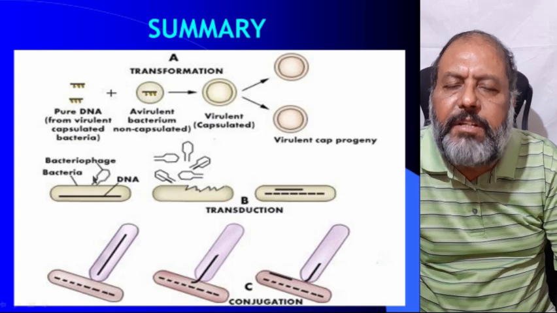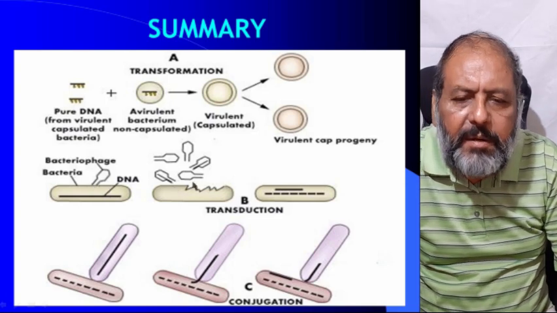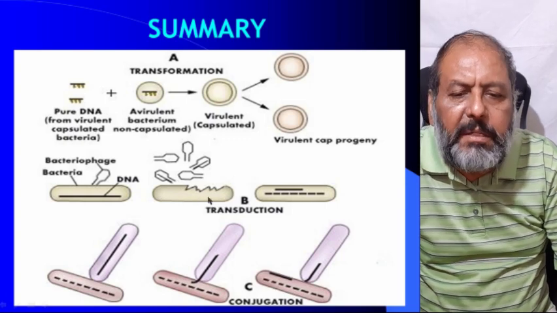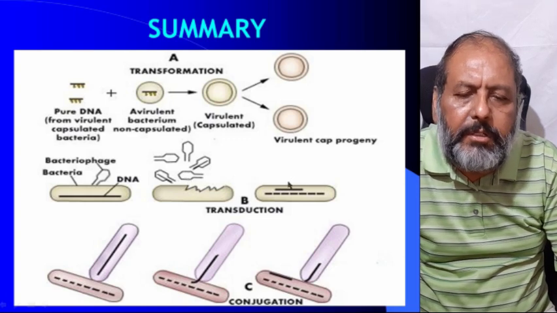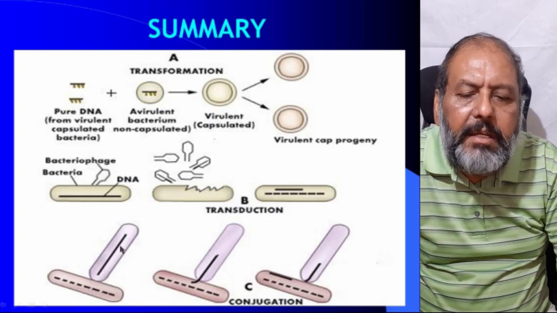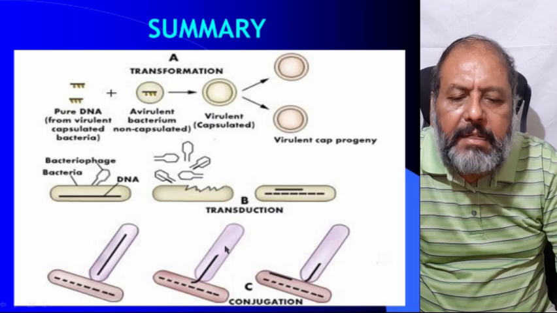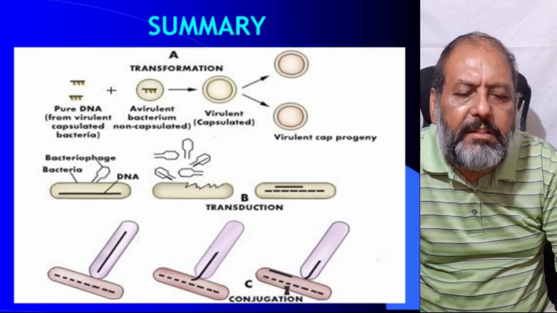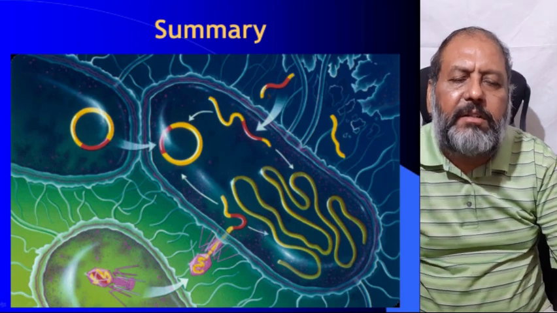Here the phage is going to transfer the genetic material to one bacterium and multiply in that bacterial cell, and when it disintegrates, it is going to infect other bacteria. And in conjugation, one bacterium through the pilus can transfer genetic material to another. That is a kind of bacterial sex, or conjugation. So that was the summary.